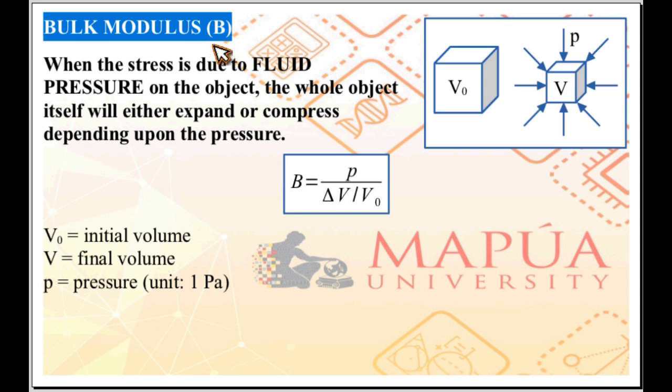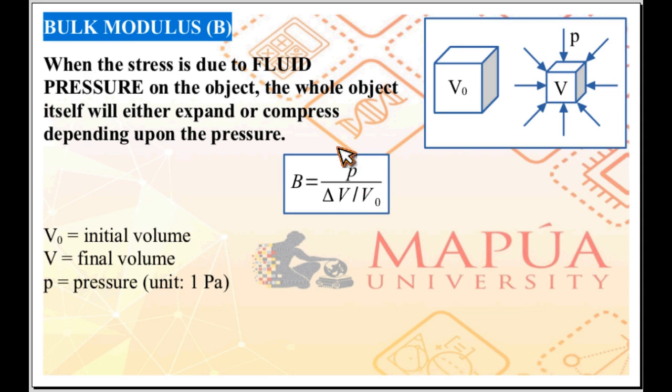The bulk modulus B is given by B is equal to the pressure experienced by the object divided by the change in volume over initial volume V naught. Stress over strain.